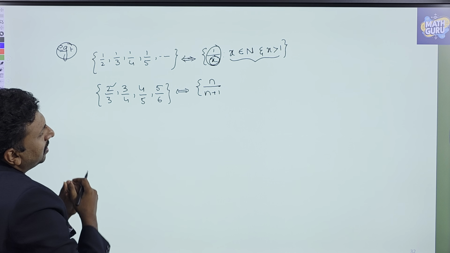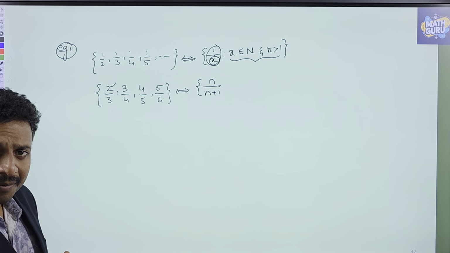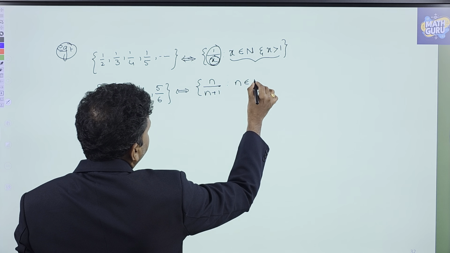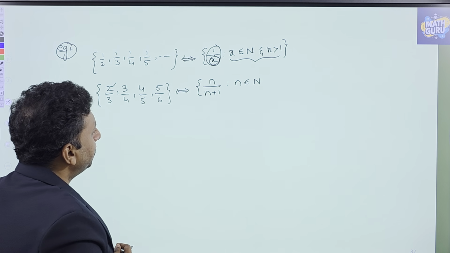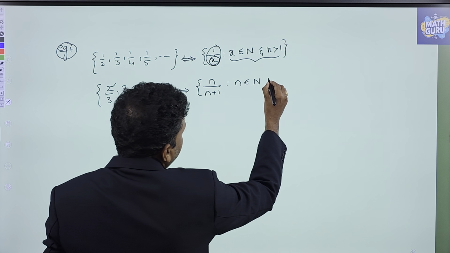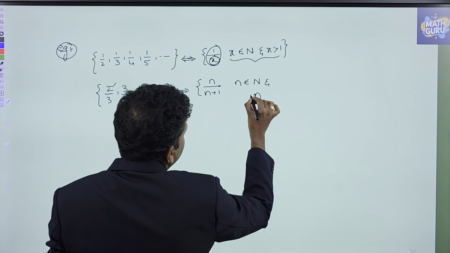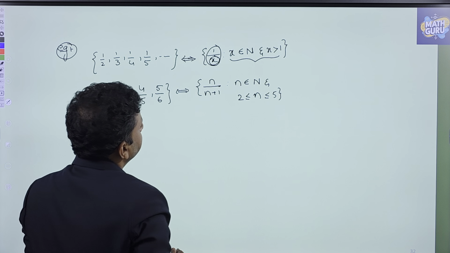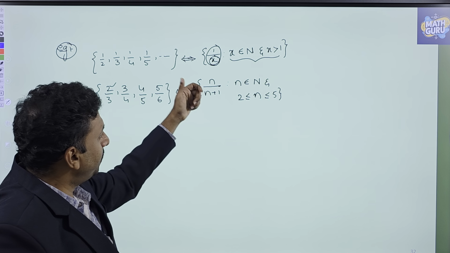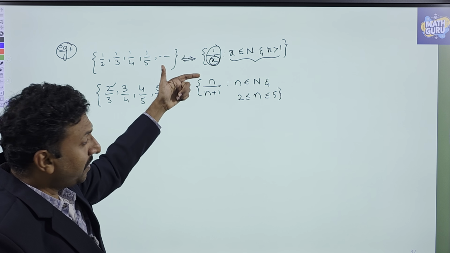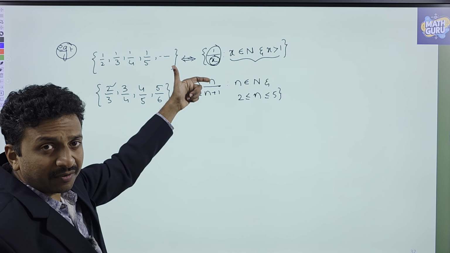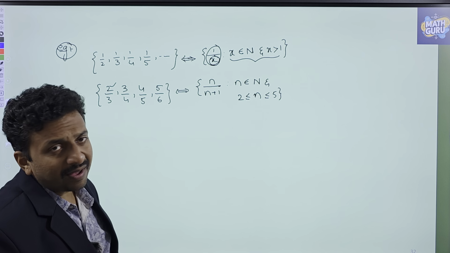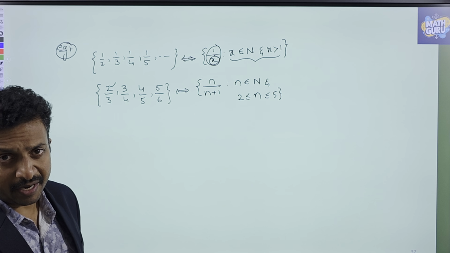All the elements in this set are of the form n by n plus 1, such that n belongs to natural numbers. Obviously n is a natural number. And n is in between 2 and 5. That means if n is 2, you get 2 by 3. If n is 3, you get 3 by 4. If n is 4, you get 4 by 5. If n is 5, you get 5 by 6. So this can be a valid set builder form.